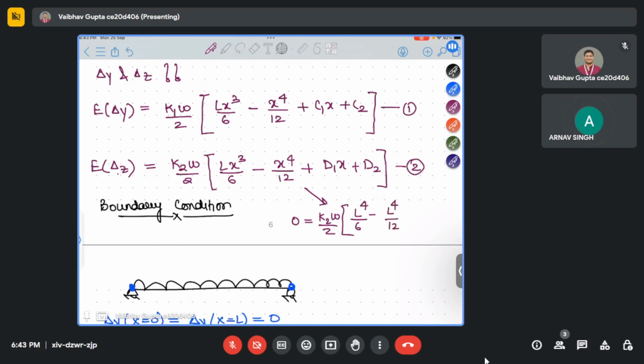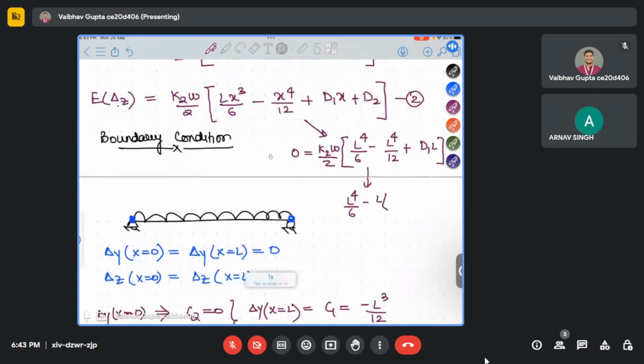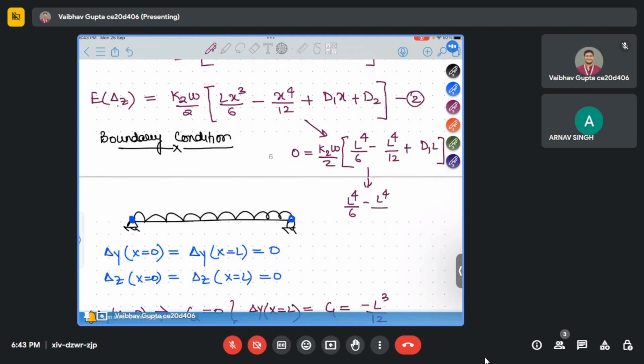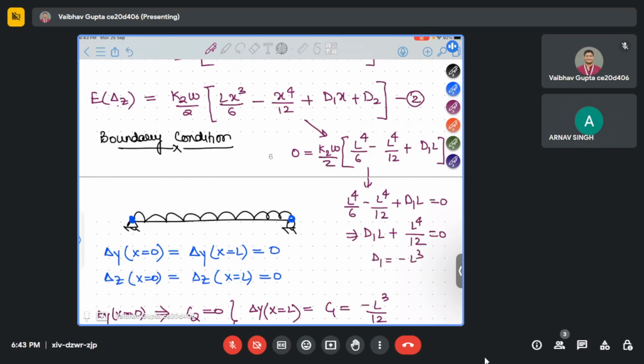D2 is 0, we got it with the first boundary condition, plus D1 L. The right hand side is equal to 0, so L4 by 6 minus L4 by 12 plus D1 L is equal to 0. Take the LCM: D1 L plus 12, L4 equal to 0. So D1 becomes minus L cube by 12. Understood?